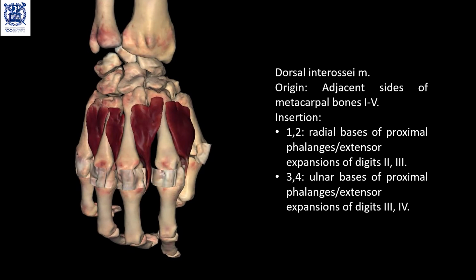Insertion. First and second have their insertion at radial bases of the proximal phalanges and extensor expansions of second and third digits. Third and fourth have their insertion at ulnar bases of proximal phalanges and extensor expansions of the third and fourth digits.